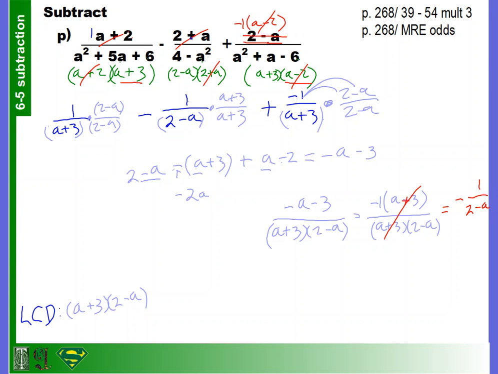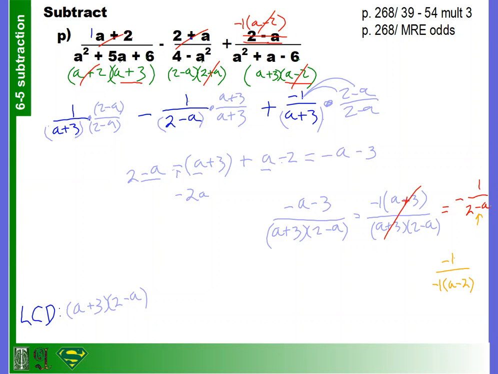But here's the thing. There's an answer that's even better than this. Are you ready? I would accept this for your answer, but you really don't want a negative a here. I want that a to be positive. So I'm going to factor out a negative 1 here. Remember, we have negative 1 still in the numerator. I'm going to factor out a negative 1, and I'll get a minus 2.